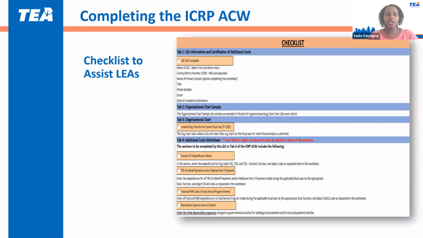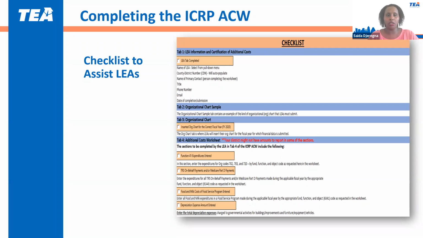Next, we have a checklist to assist LEAs. This is a new tab we added to assist LEAs. It highlights all the tabs and sections of the ACW that need to be completed by LEAs before they submit their workbook back to TEA. Our hope is it will answer and clarify some of the questions LEAs might have when completing the workbook. It's a great resource.